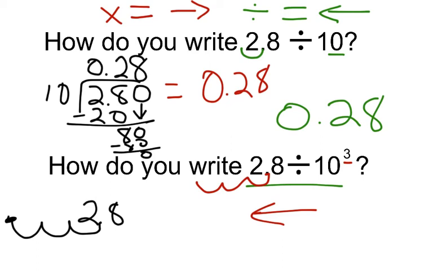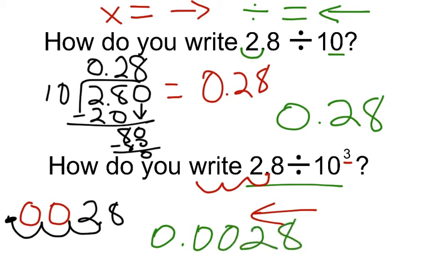This is where I'm ending, 3 spaces, and I need to fill my empty spots with zeros. So that gives me 0 and 28 hundred thousandths. Sorry, 28 ten thousandths. So that gives me 28 ten thousandths.